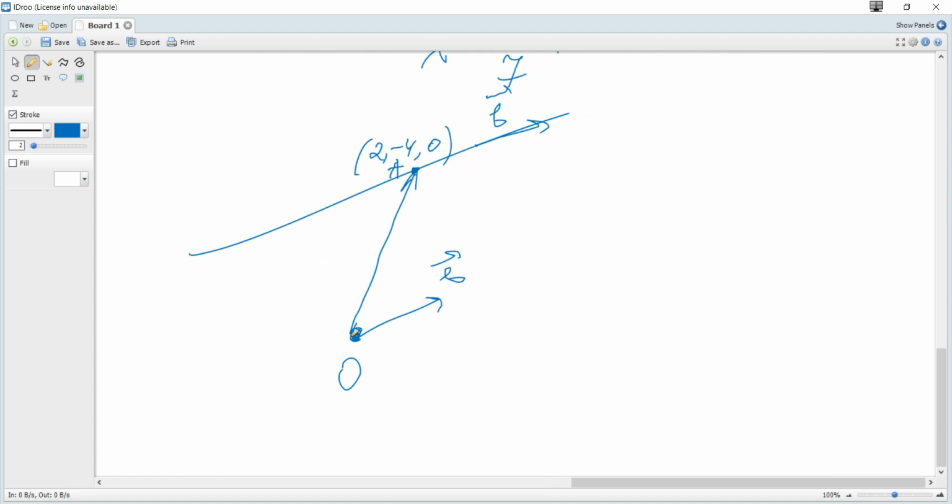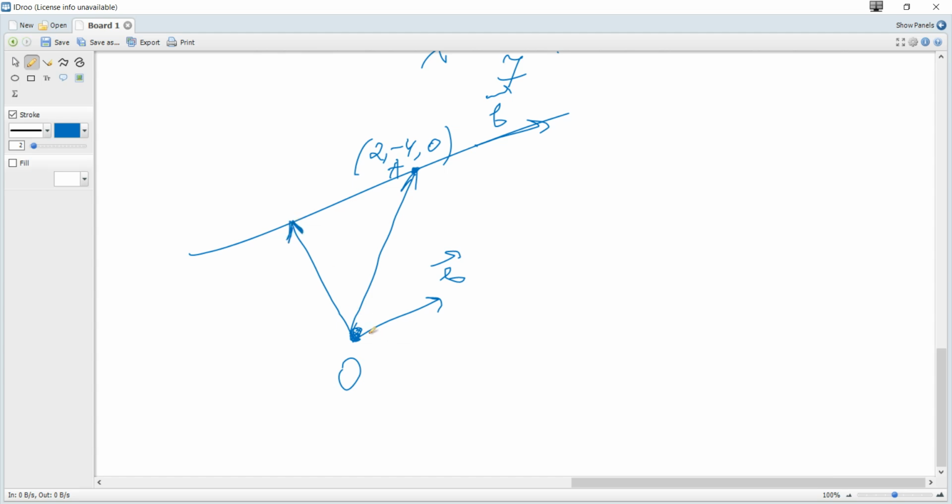Then the shortest distance is this distance, and this distance is the perpendicular projection of this vector OA onto vector b. It's this vector.